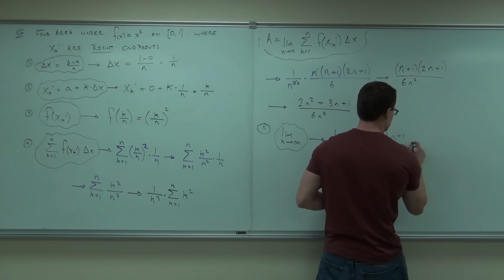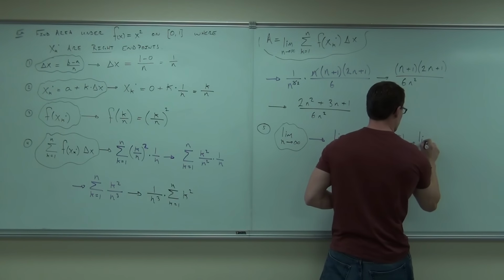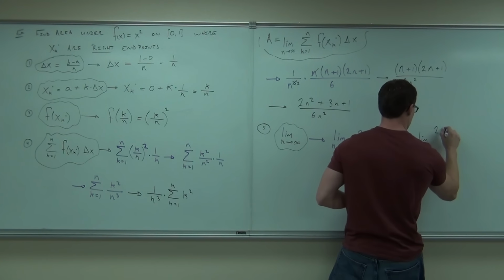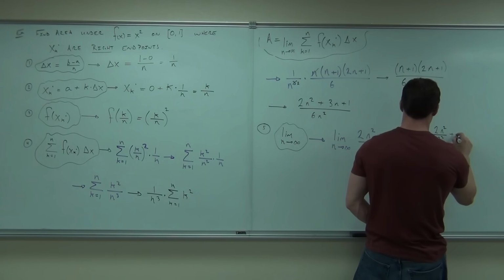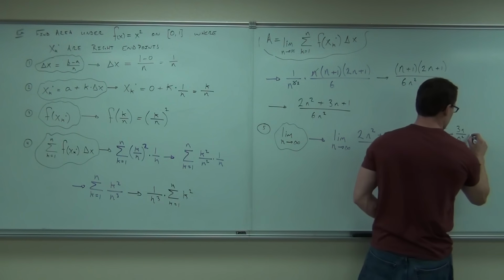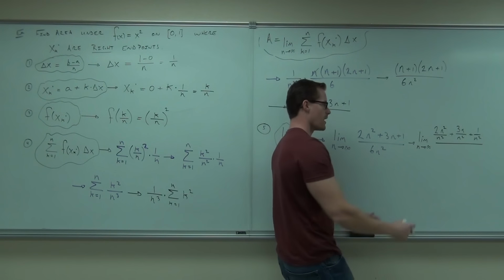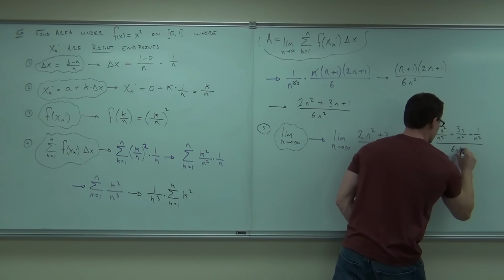You'd say, oh, okay, that's a limit. That over n squared. That over n squared. That over n squared, and 6n squared over n squared.